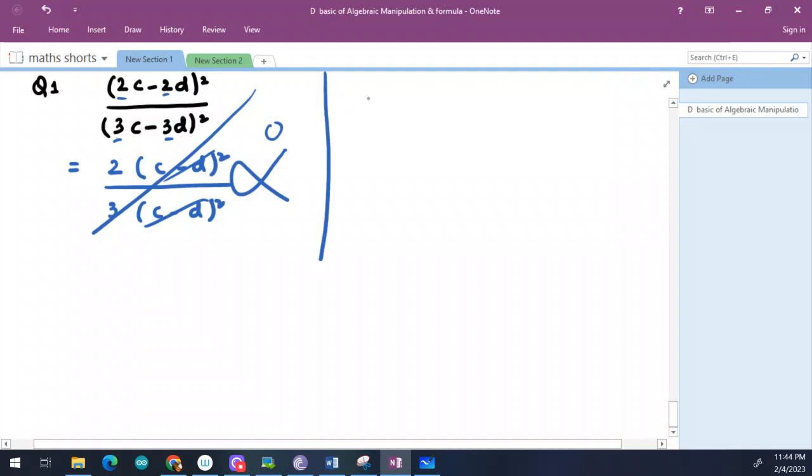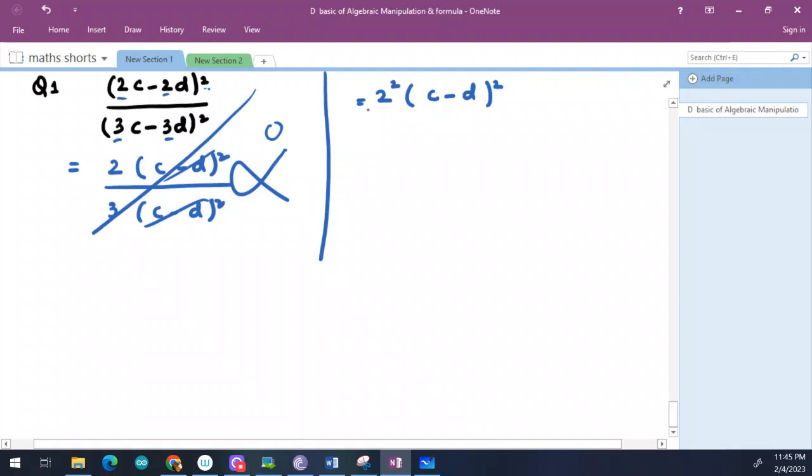You can see, we are going to take 2 common with the square, because then we will have C minus D whole square. When we put it inside, this square is the same.